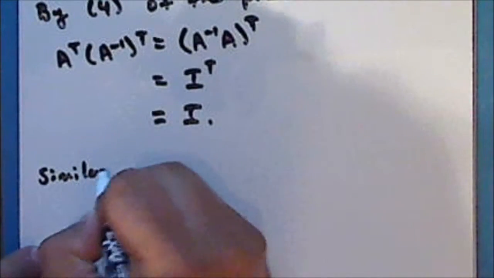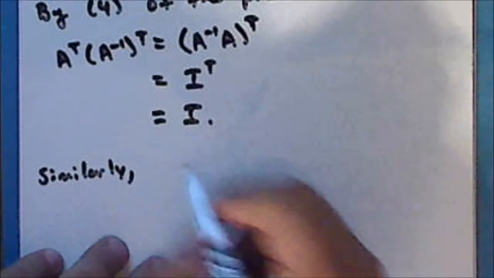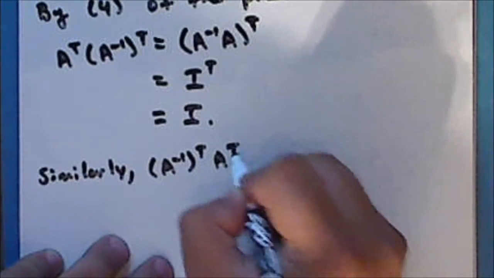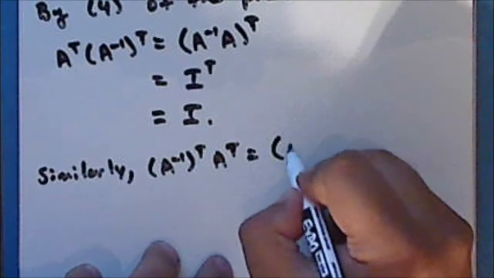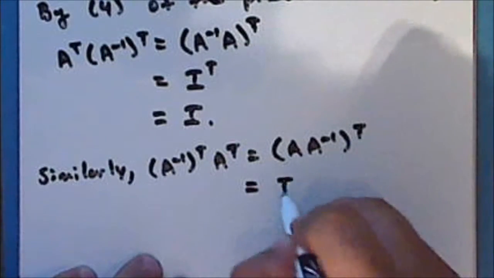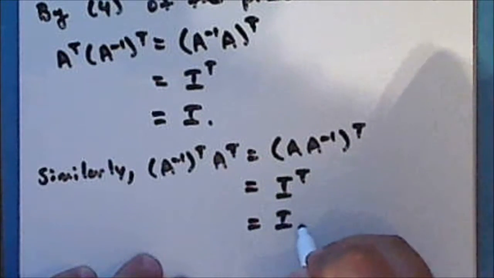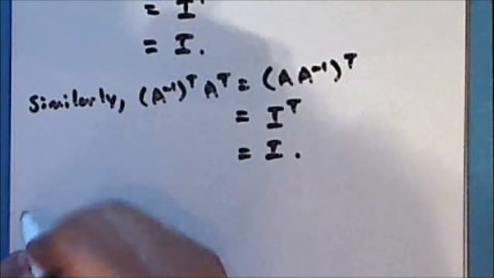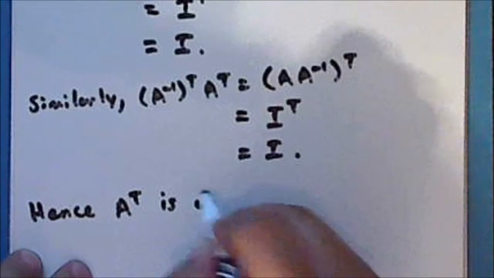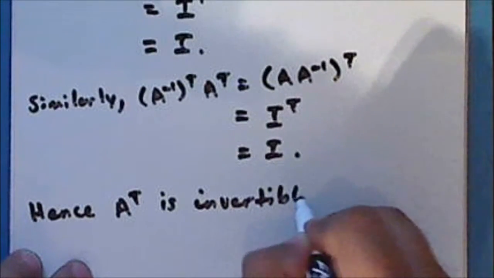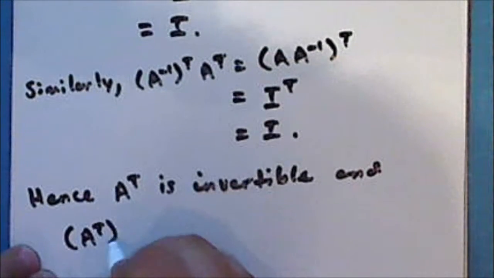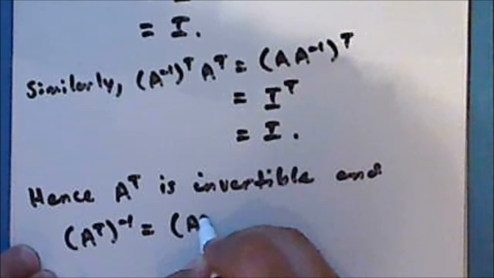Similarly, the product A inverse transpose times A transpose is the transpose of the product A times A inverse, which is the transpose of the identity, which is the identity. And hence, A transpose is invertible. And its inverse is the transpose of A inverse.